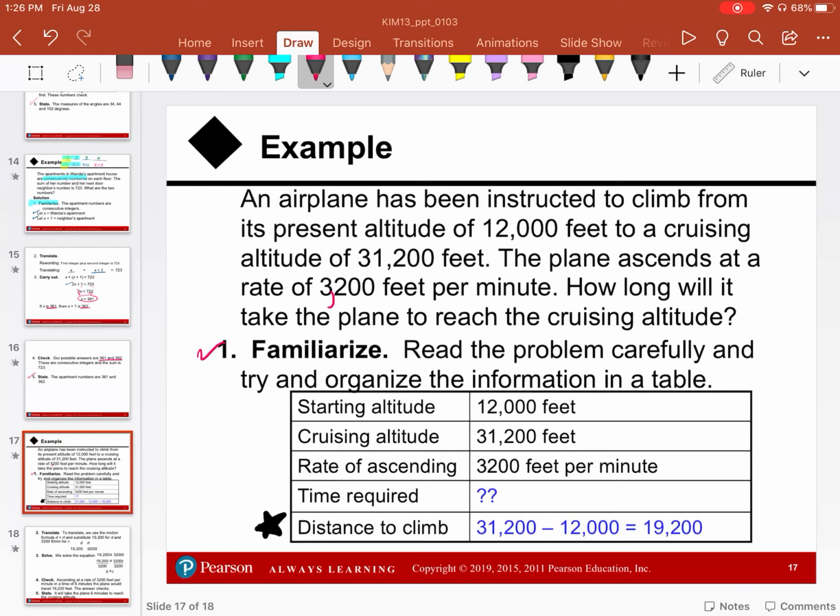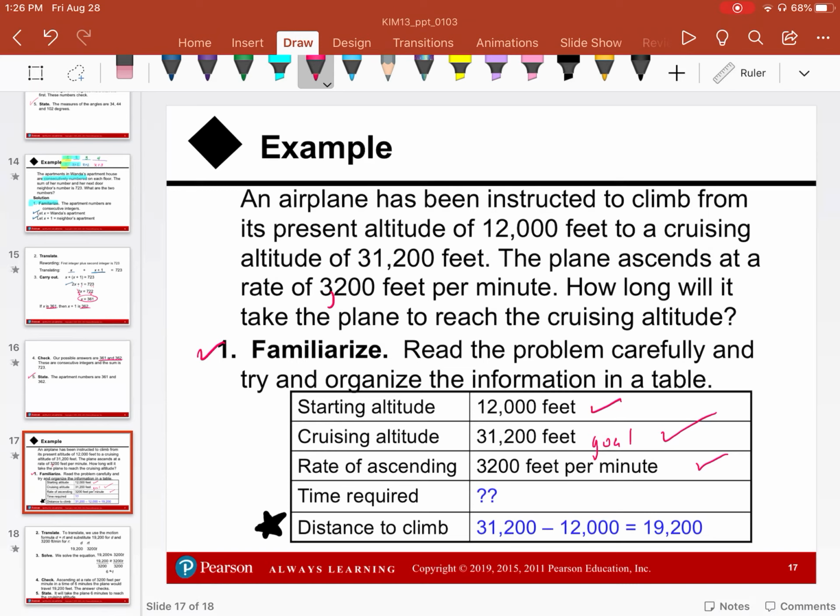So we read the problem carefully and try to organize the information. So we're starting at 12,000 feet. Our goal is to get to cruising altitude of 31,200. And we know that we can climb at a rate of 3,200 feet per minute. How long will it take?